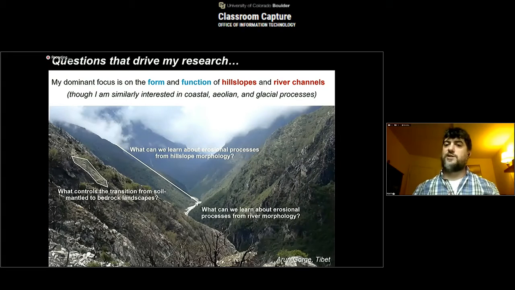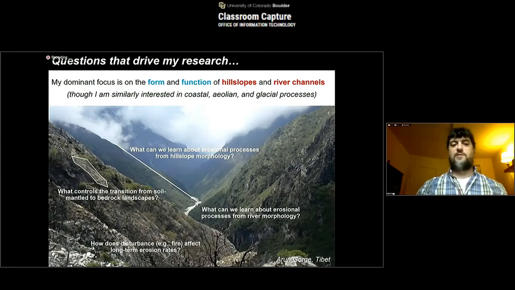So that's a big question, because soils act as a conduit for both storing and then releasing rock that has been transformed into mobile material. And then even at shorter time scales, I'm very interested in how disturbance, like fire, for instance, can affect such longer-term processes that we might think about over the geologic record.